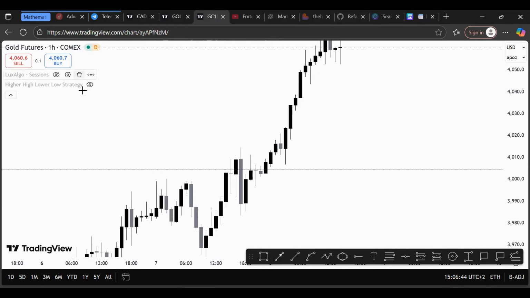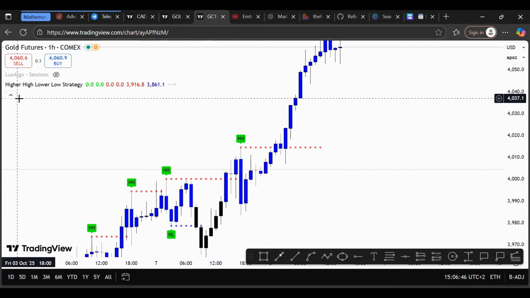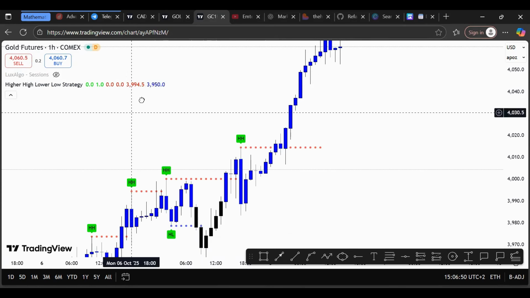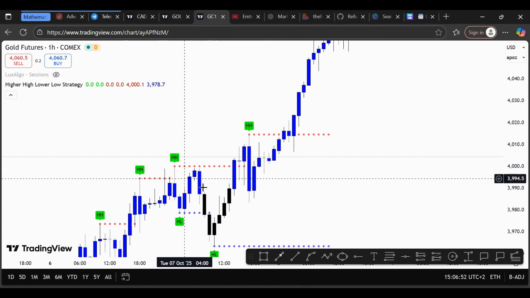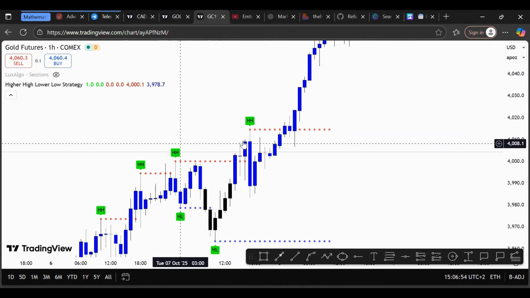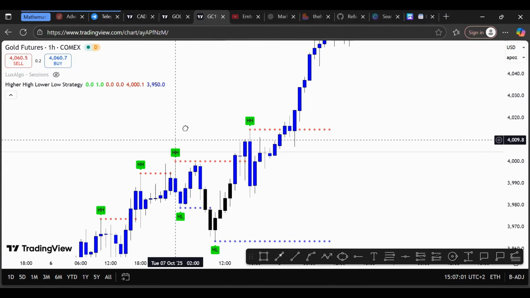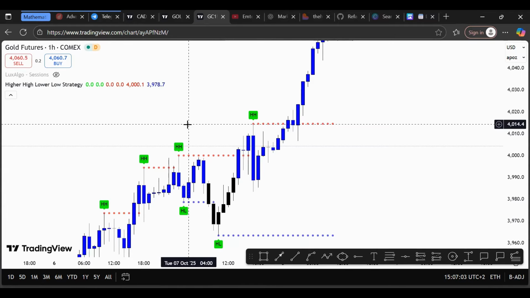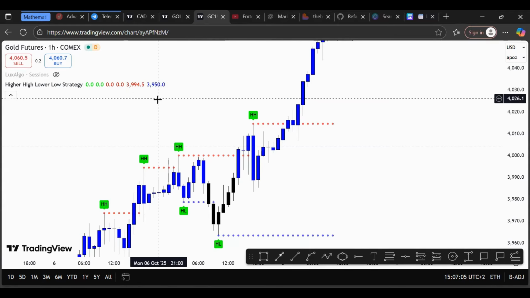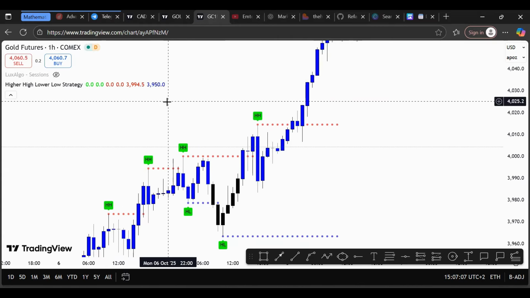So if you're using that indicator, the higher high, lower low strategy indicator by LongSum, for those who are not using it, you can see price plotting it, but it's not really 100% accurate, but it's 90% accurate most of the time. So it will plot mostly the highs, most of the time, and lower lows, compared to plotting the higher lows and the lower highs.